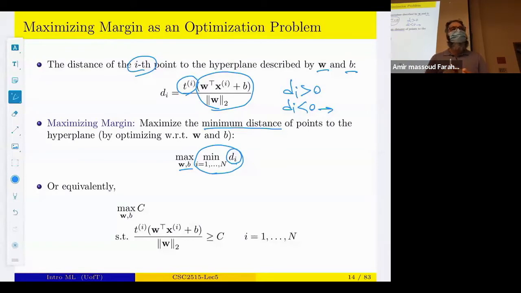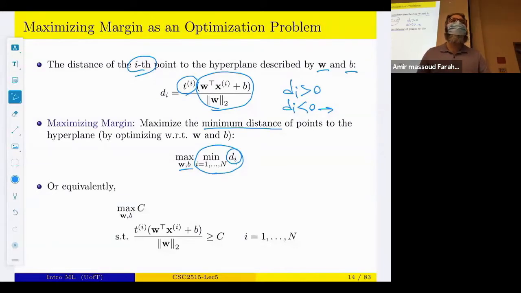If it is positive, it means the distance is that value, and also it is on the right side of the hyperplane. If it is negative, it has the distance of absolute value of d_i, but the direction is incorrect. It was supposed to be positive, but we are labeling it as negative.